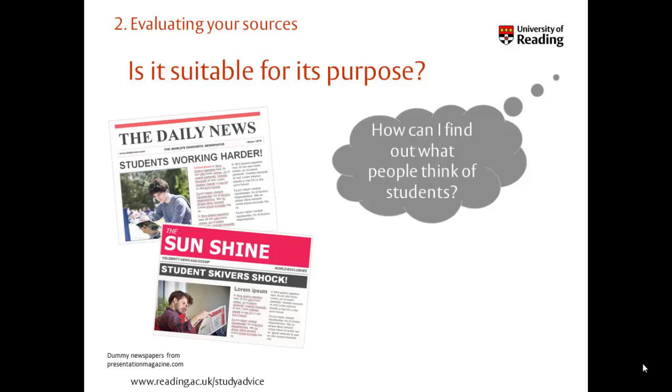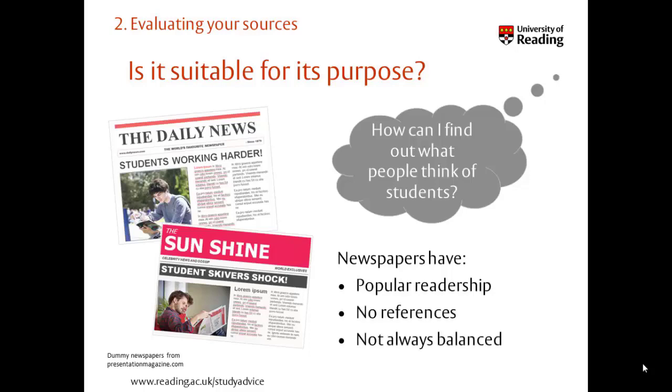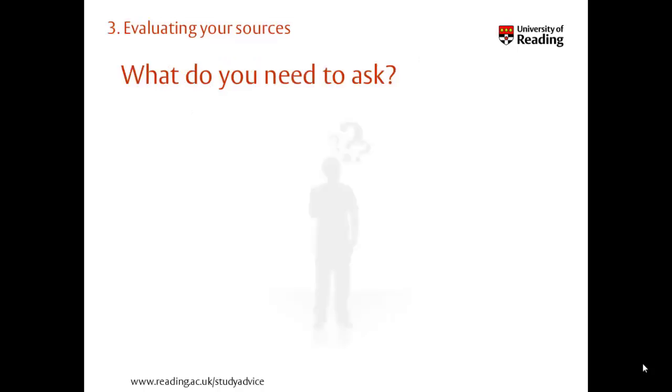A newspaper article wouldn't be much good for that. It's written for a popular audience, it doesn't give you references to show where it got its information from, and it doesn't promise to balance both sides of the argument. So you need to look for a more scholarly source to support what you want to argue, from a journal or academic book, for instance.